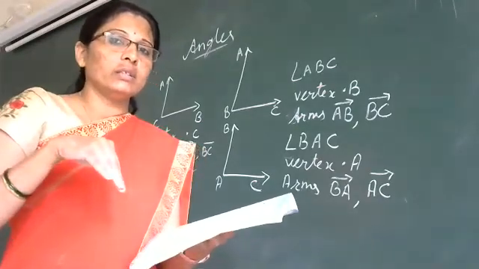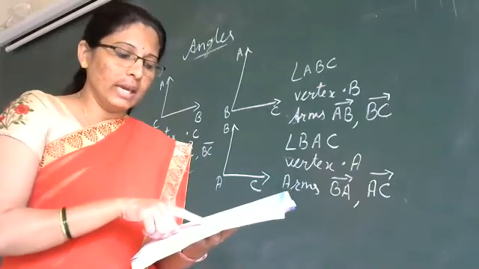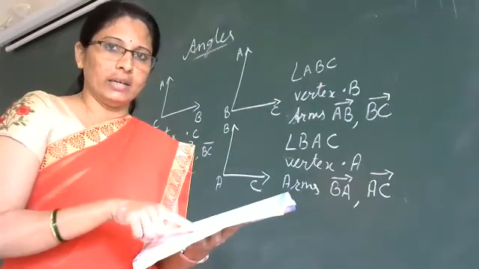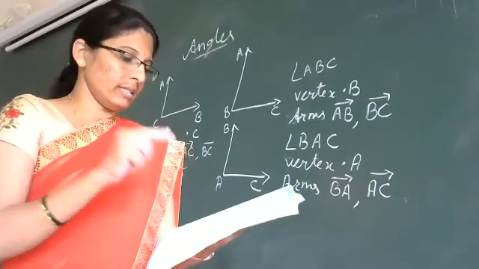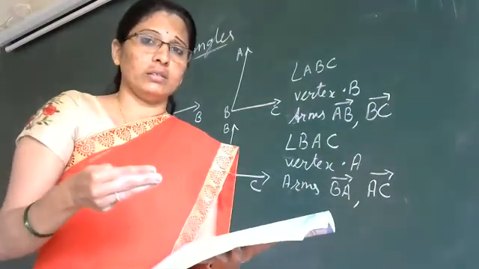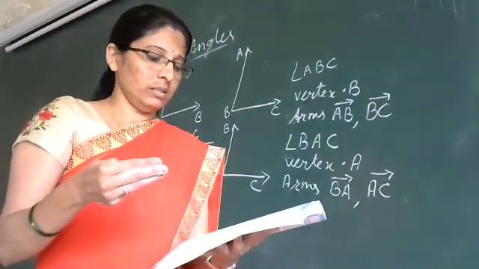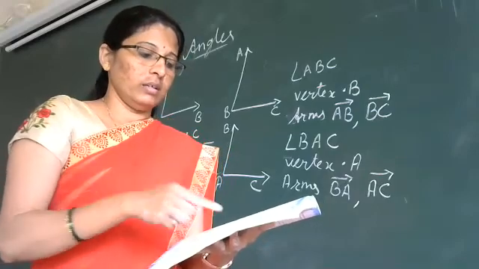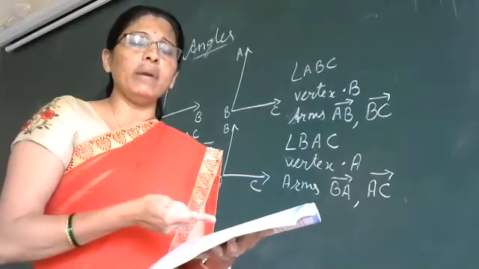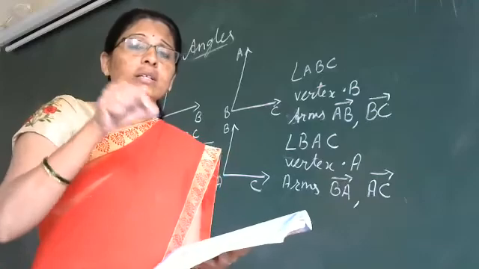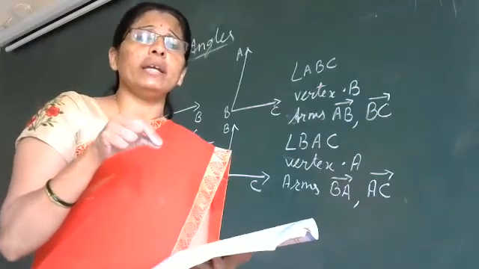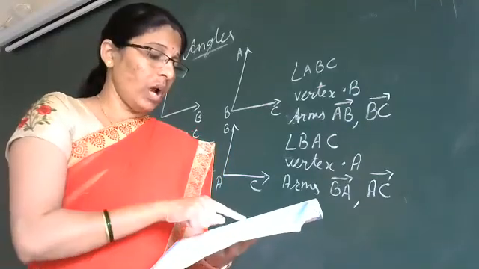Outside it, which? C, D, E. 3 points. Yes. Inside is A, B. Here exterior, interior points.